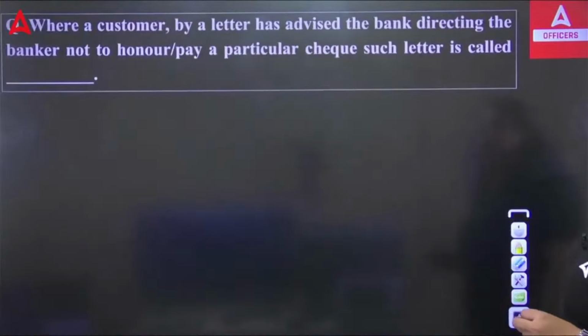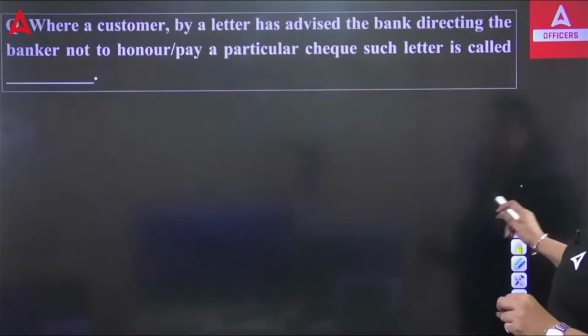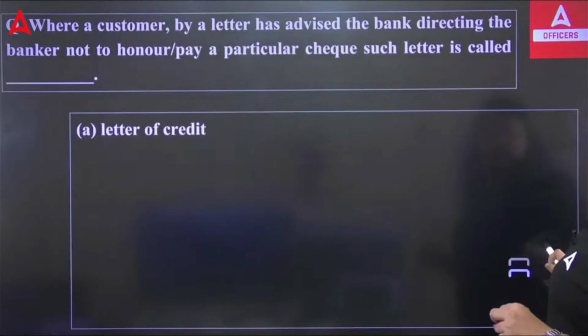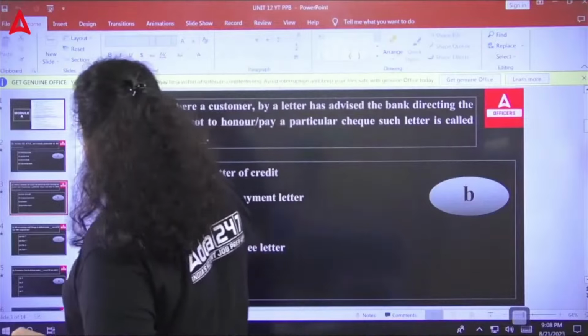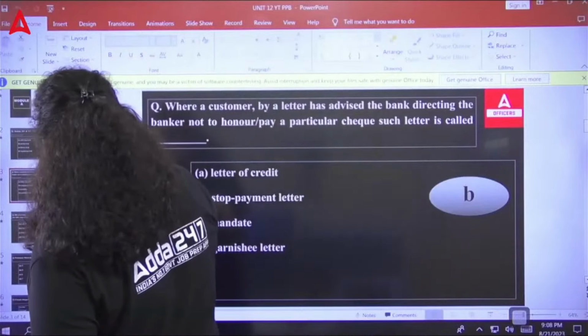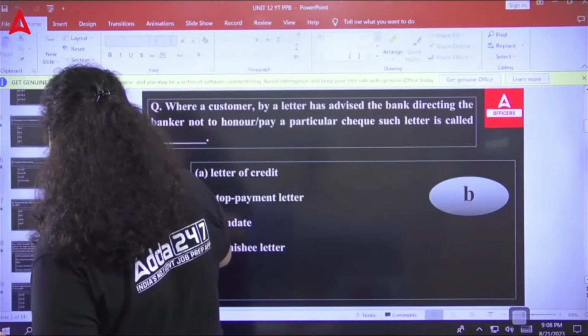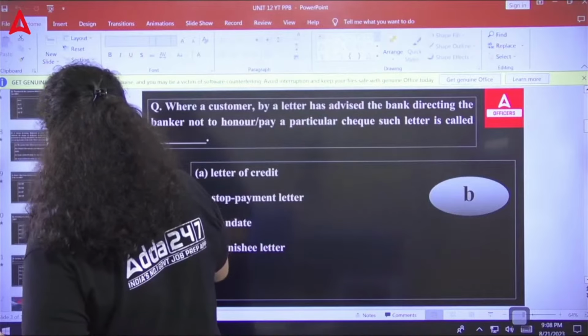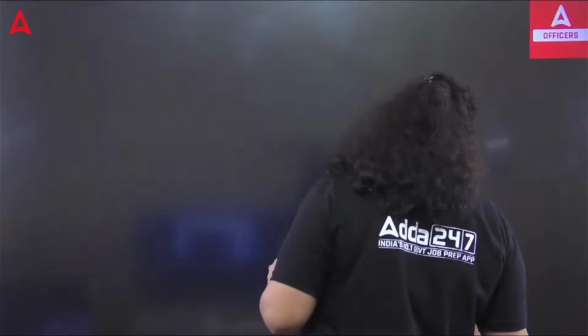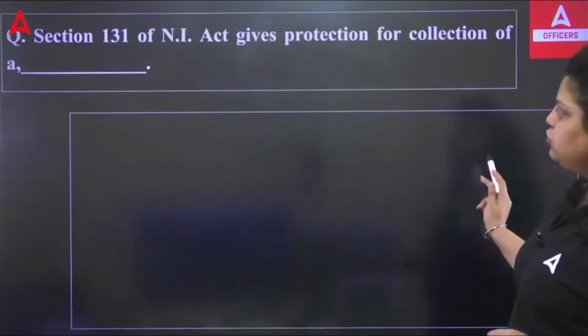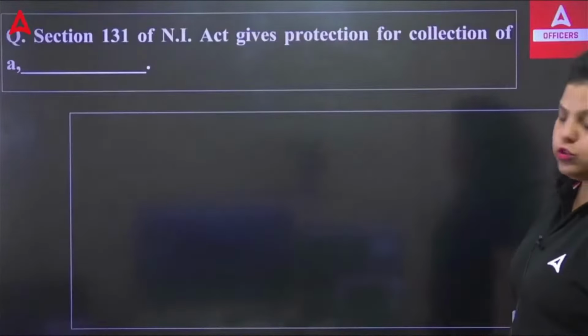Now, the second question. We have talked about how Section 131 gives protection to your collecting banker, but in what condition is it providing the protection? This question is related to the first question.